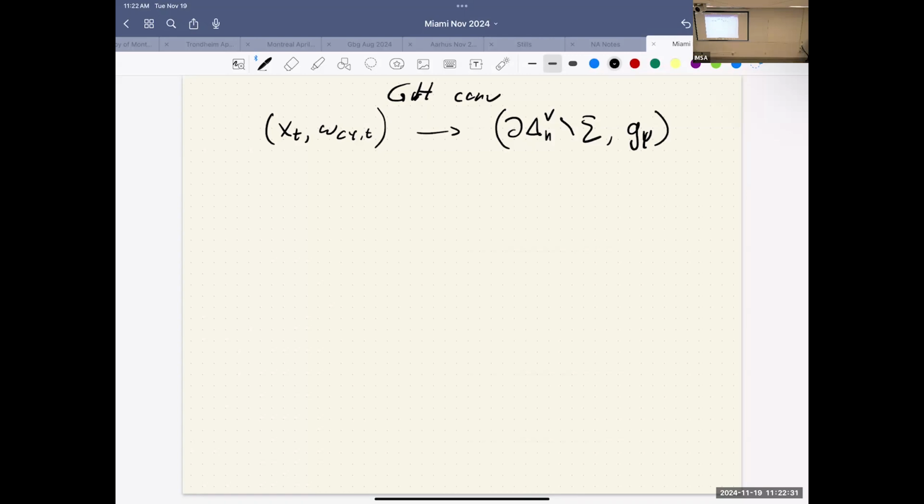This is an open set, but then it's natural to take the closure of this. This is a natural question: will this converge to this? Another question you can ask is whether this closure is homeomorphic to X_t.